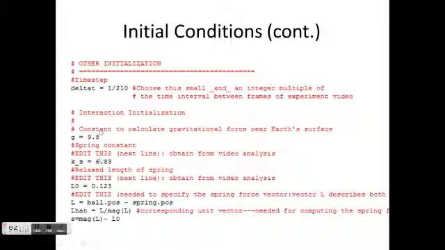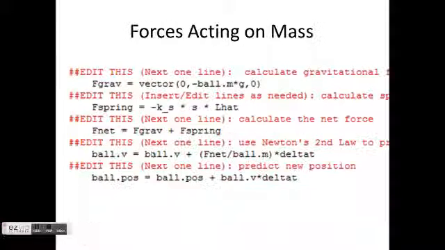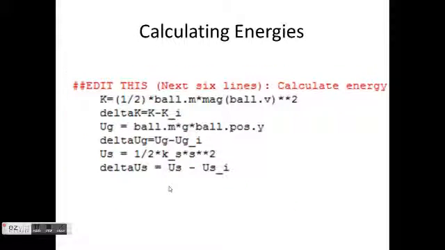Then we define all of our constants needed to calculate the different forces, which include the gravitational force and the spring force. We use the equations for the forces to calculate them at each delta t. We use Newton's second law to find ball velocity and ball position at each delta t as well.